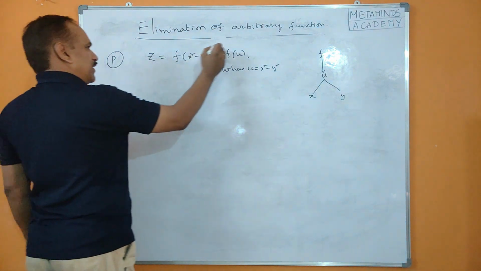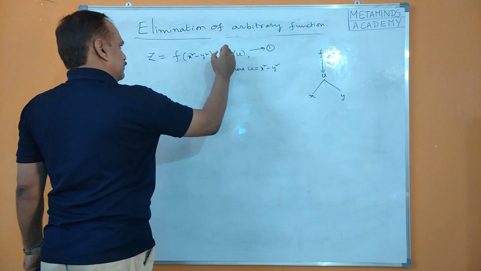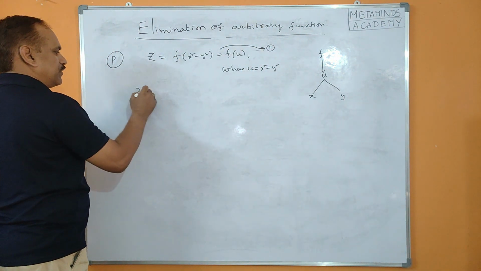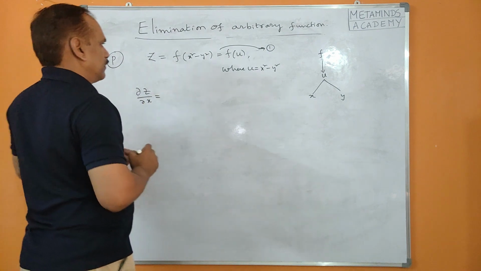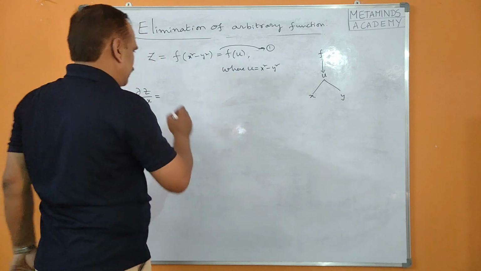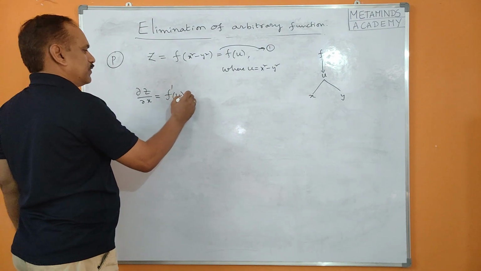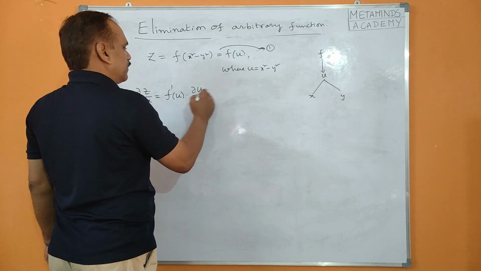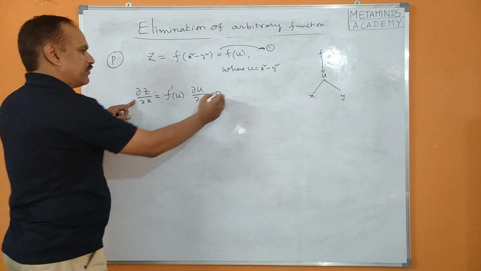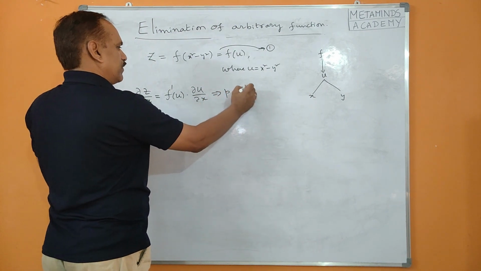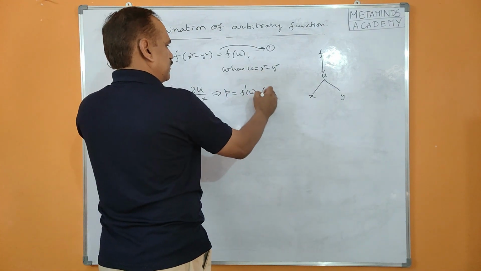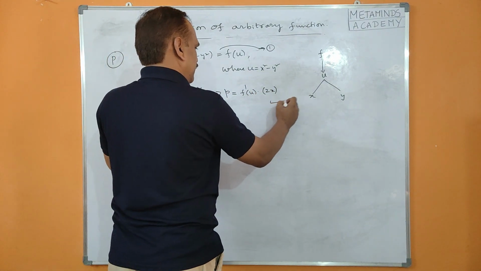Differentiate this equation with respect to x. We get dou z by dou x, df by du, that means f dash u, multiplied by dou u by dou x. If you simplify this, dou z by dou x is p equal to f dash of u multiplied by 2x. This is equation number 2.